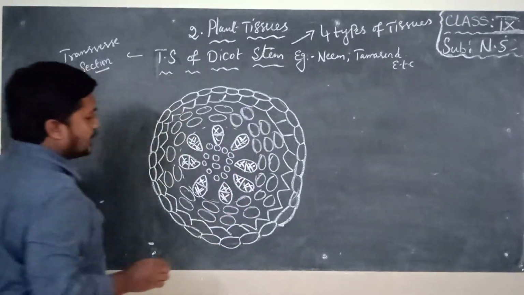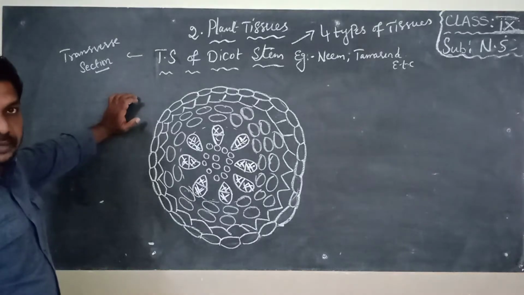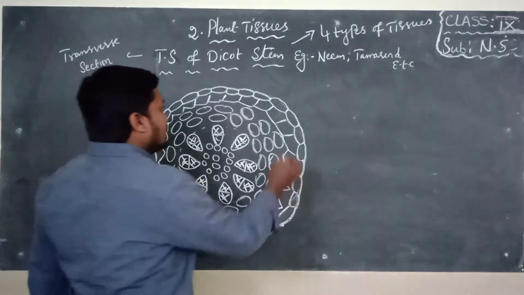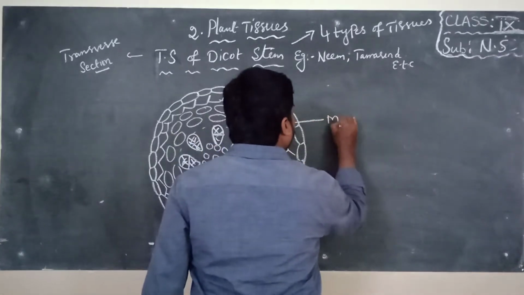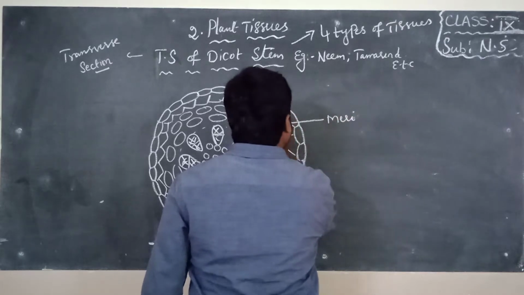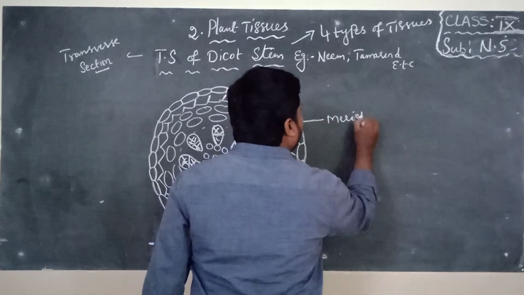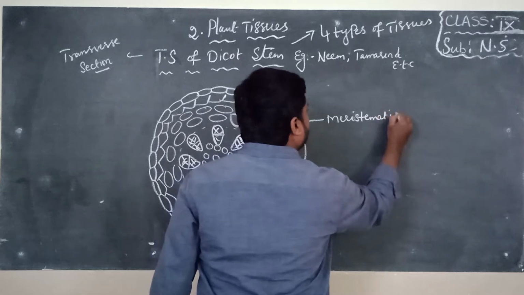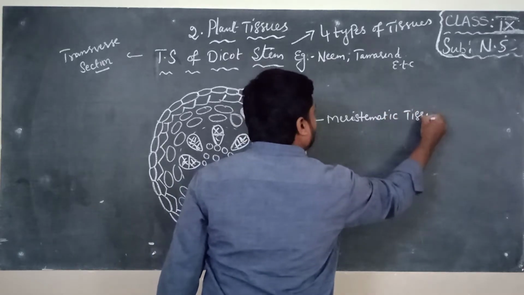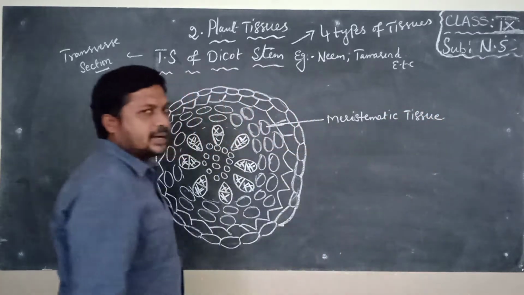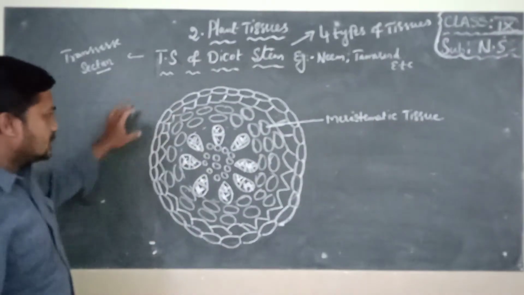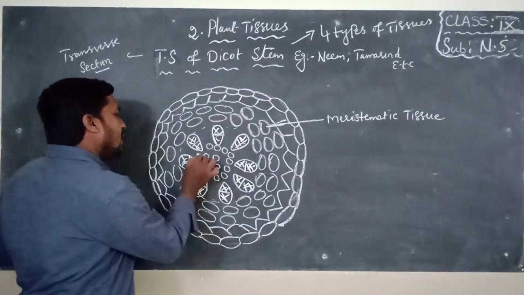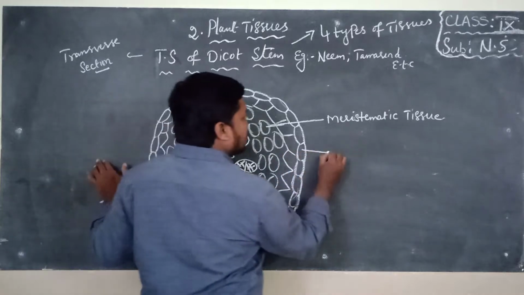So, if you observe this picture, we can find out 4 types of tissues, children. This is meristematic tissue. The tissue which covers plants is known as dermal tissue.